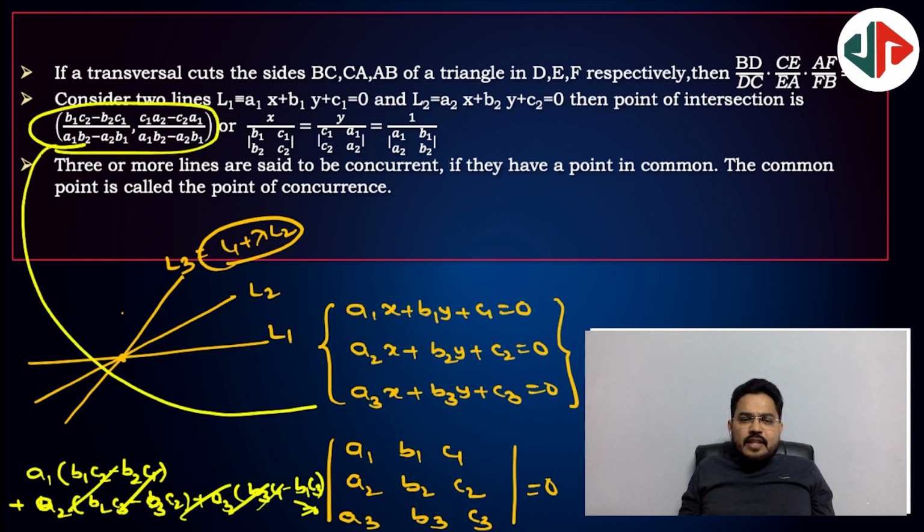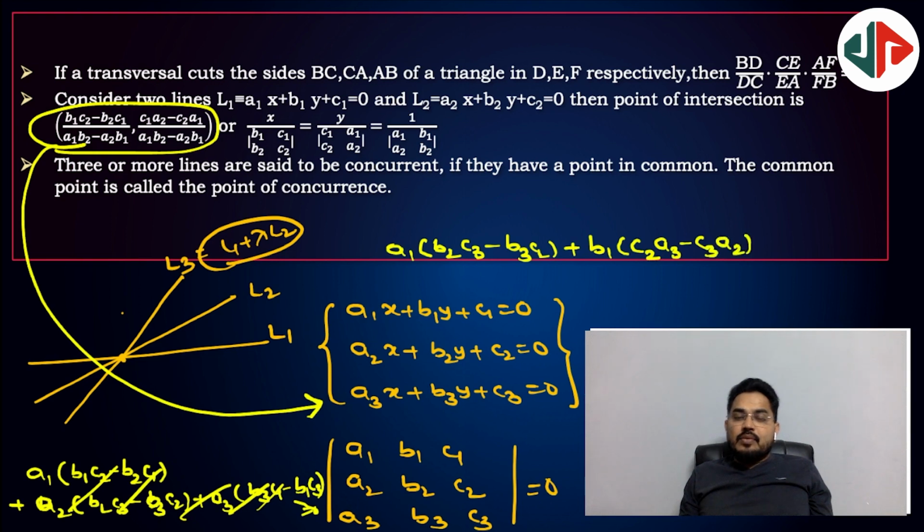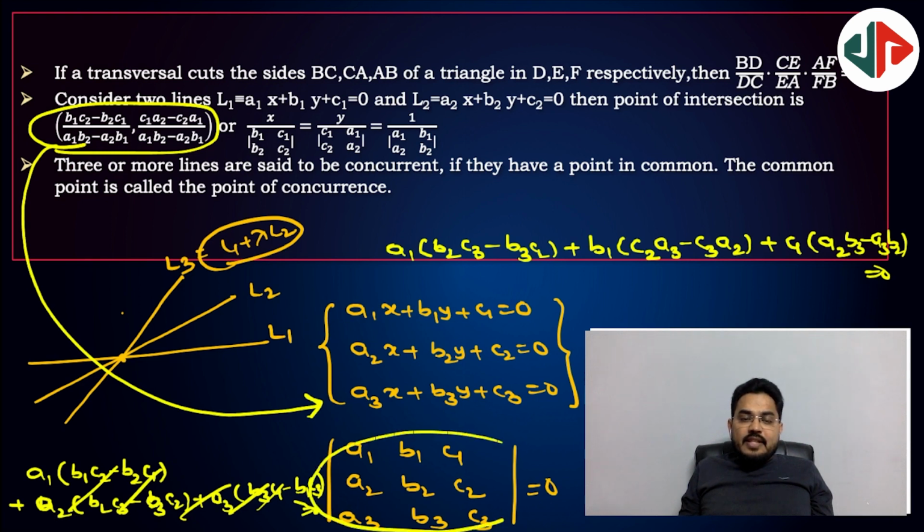You substitute in the third equation and you are going to get that one. Or it will be like A1 into B2 C3 minus B3 C2 plus B1 into C2 A3 minus C3 A2 plus C1 into A2 B3 minus A3 B2 is equal to 0. But the best thing I suggest here is going for this condition.